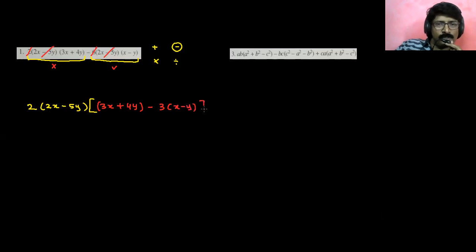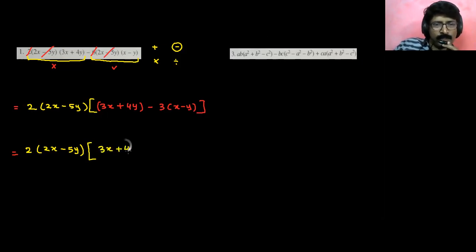I hope you understood. Now, do you think this sum is over here? No. We'll have to do one more step. 2 times 2x minus 5y. Right? Very neat and clean. You will always love and enjoy doing maths. Into the bracket. Now open this bracket very carefully. 3x plus 4y. Keep writing, guys.